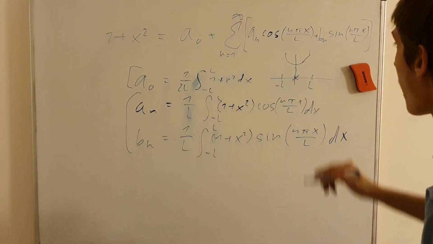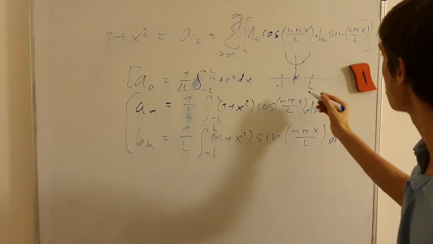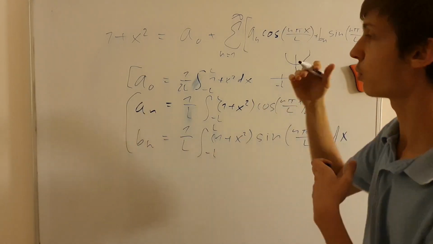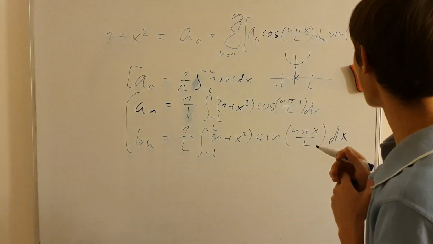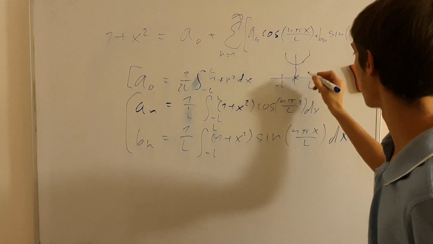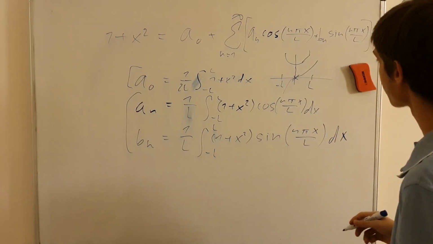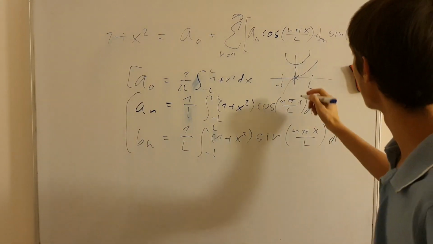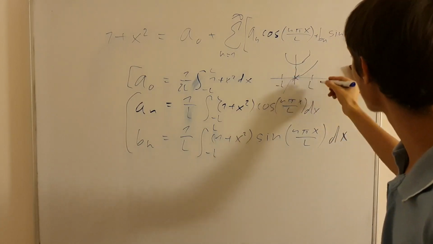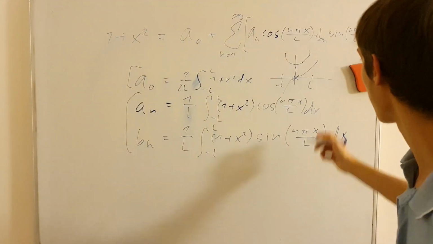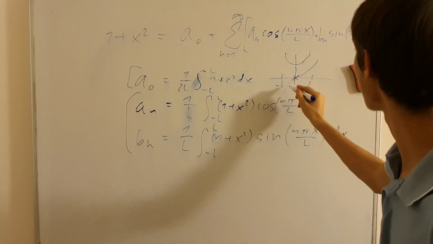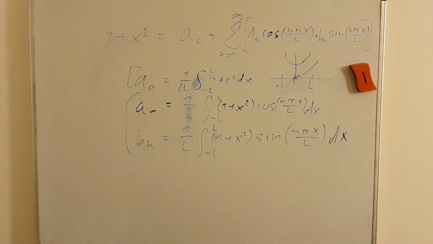So the integral from minus L to L will basically be the same as the integral from 0 to L counted twice. And in case my function is odd, then the integral on the interval from minus L to L will be equal to 0, because what gets added on this part will get subtracted on the left of the y-axis, the same amount. So this is worth taking into account.